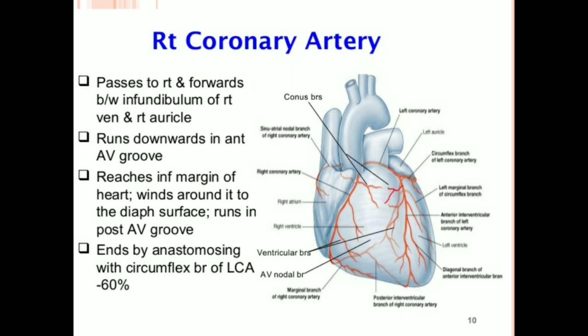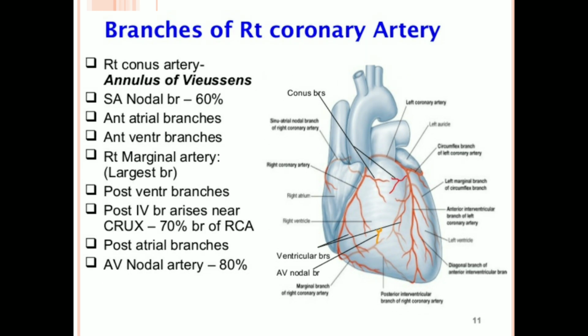Posterior coronary sulcus is also called the posterior atrioventricular groove. Then it ends by anastomosis with the circumflex branch of the left coronary artery. This is the course of the right coronary artery. You can clearly see here how it goes.